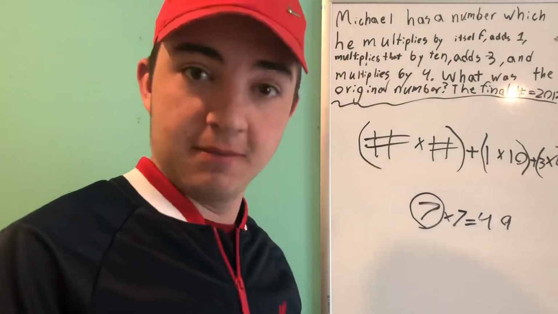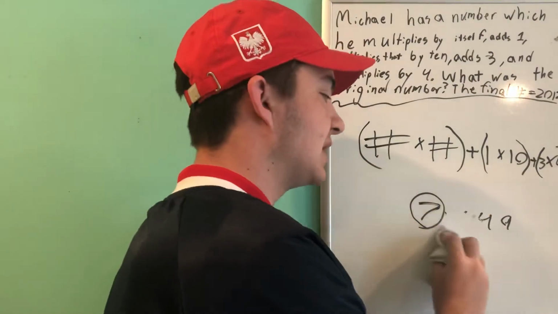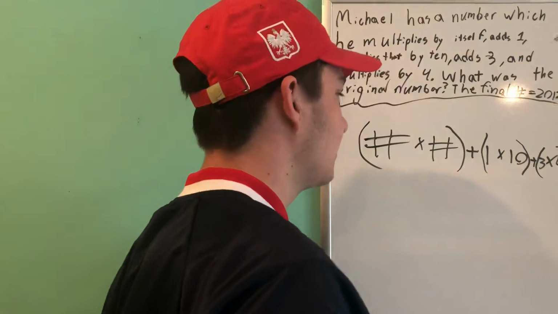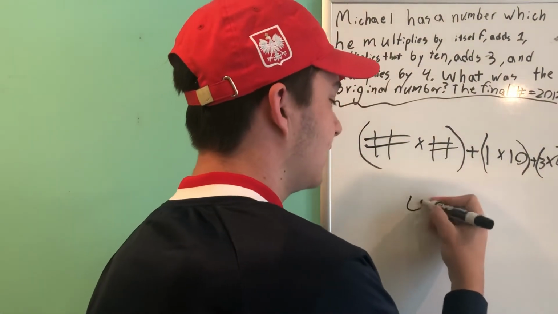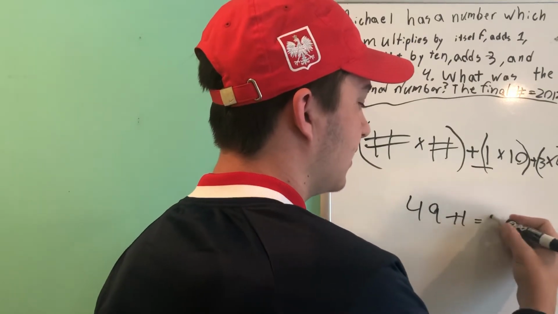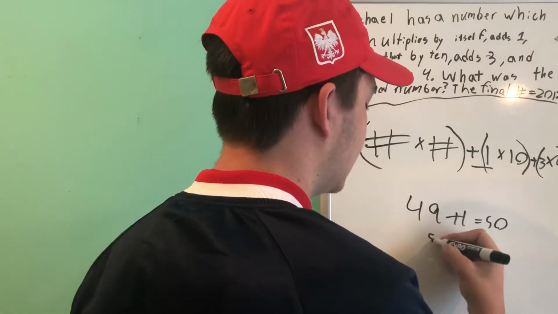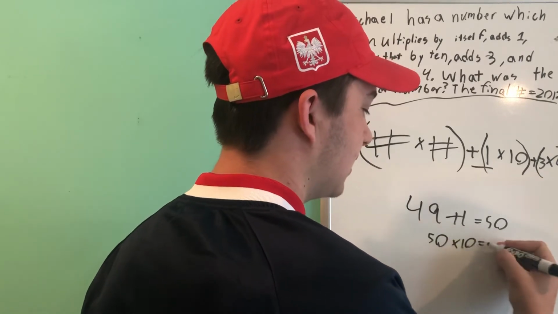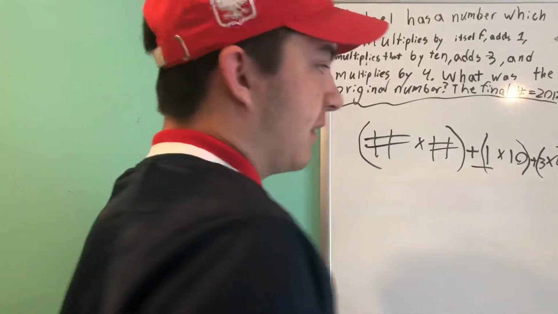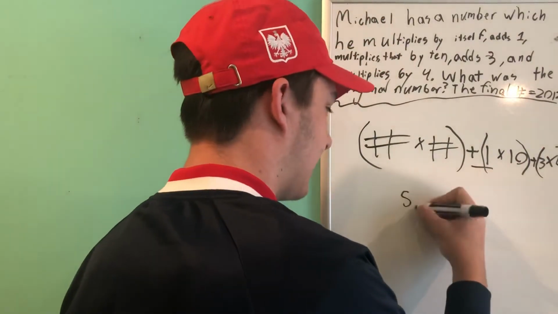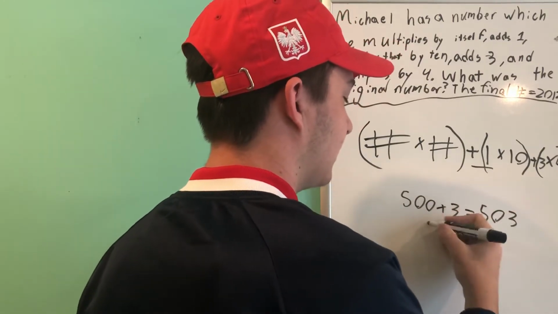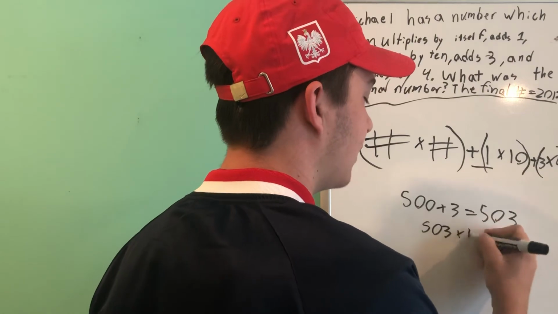So now that we know it's 7, let's try going forward. So, 7 times 7, 49. Plus 1, 50. 50 times 10, 500. 500 plus 3 equals 503. 503 times 4.